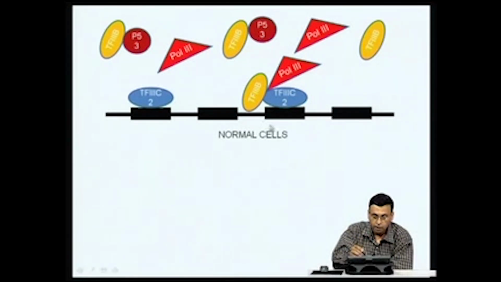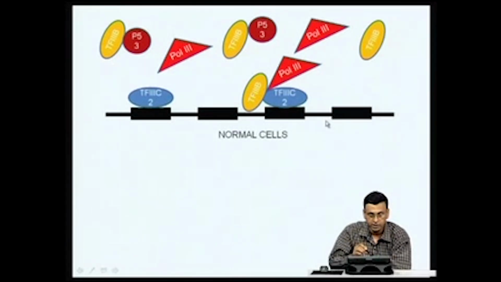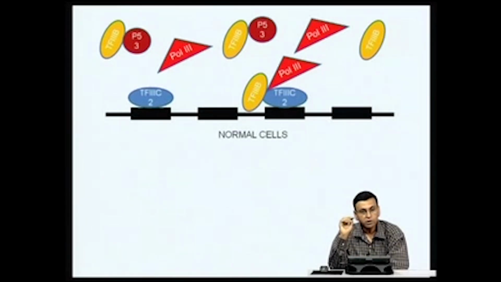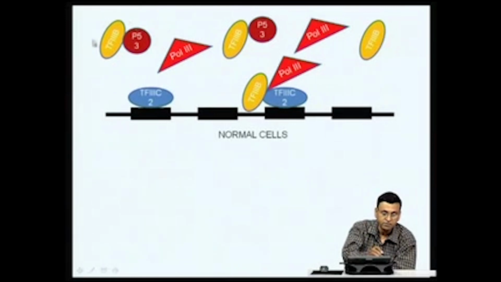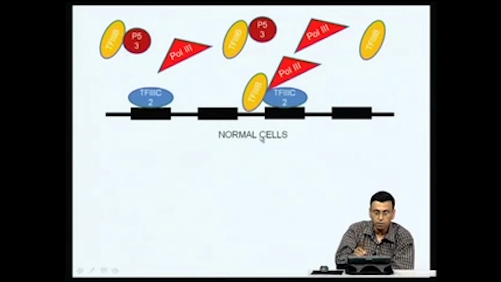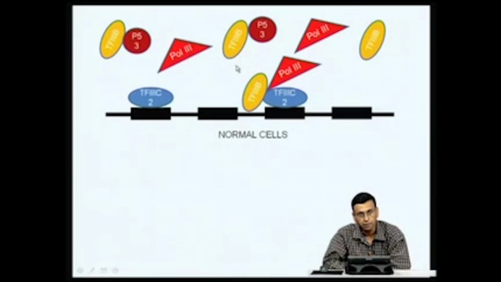So, pre-initiation complexes are assembled depending upon the availability of all these transcription factors, and it turns out proteins like P53, which are very important molecules regulating the cell cycle, and whose mutations can lead to cancer, go and interact with TF3B and make it unavailable for formation of the pre-initiation complex.